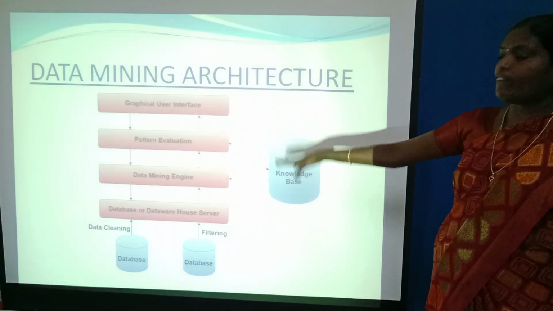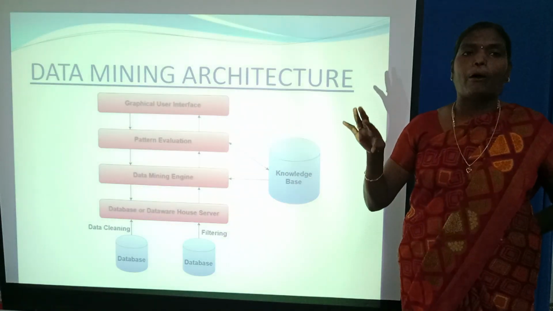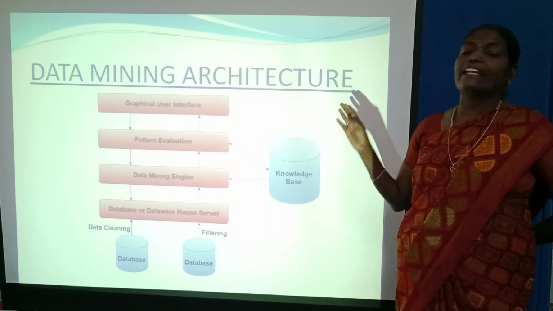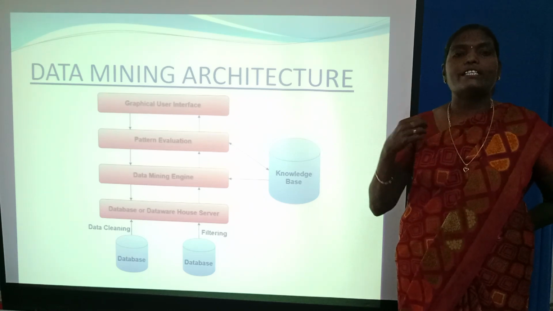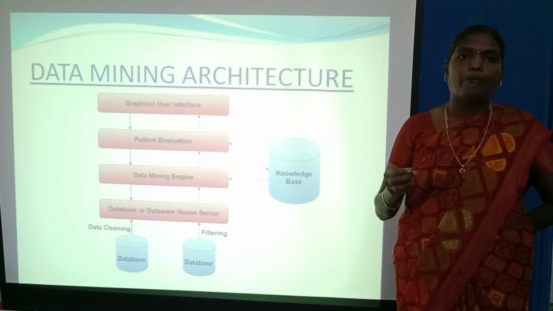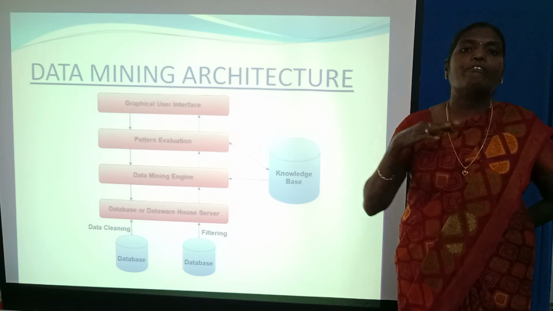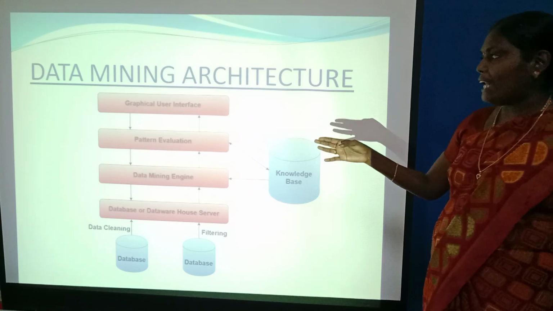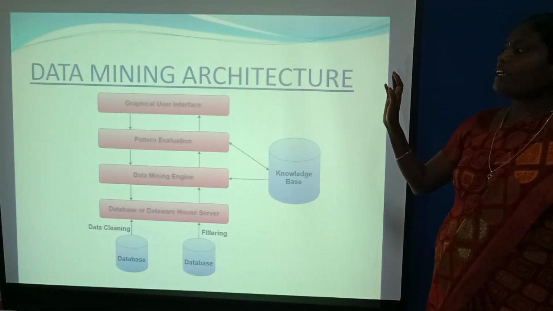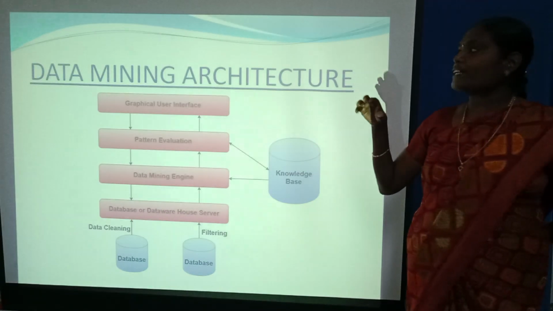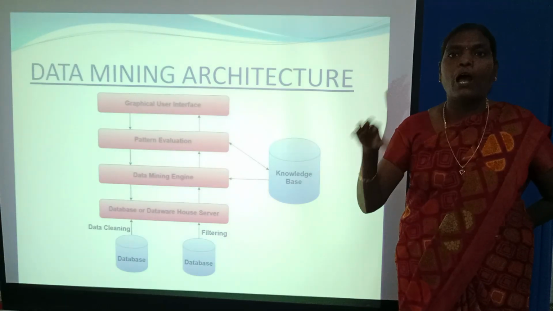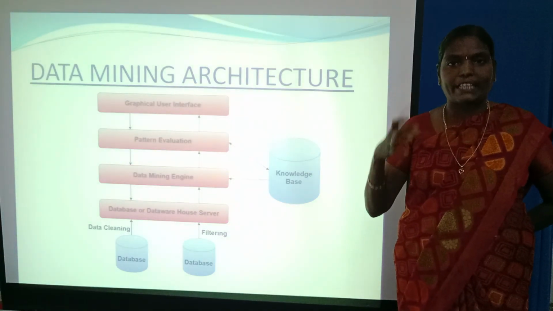And next, pattern evaluation. I already introduced pattern evaluation in the KDD steps, and it is the same thing: we evaluate, that is, we analyze and sort the data, whatever we need for our future use. And next, move on to the graphical user interface. The graphical user interface is the main thing in data mining architecture.